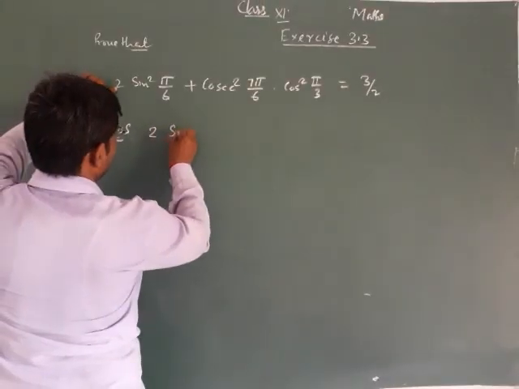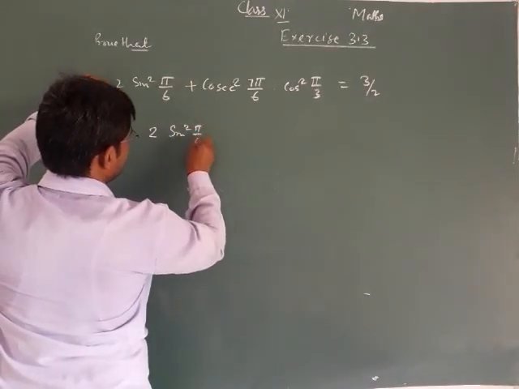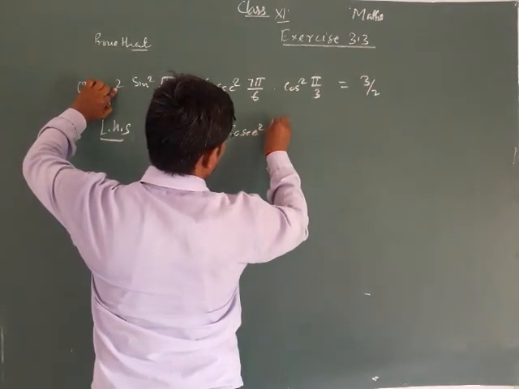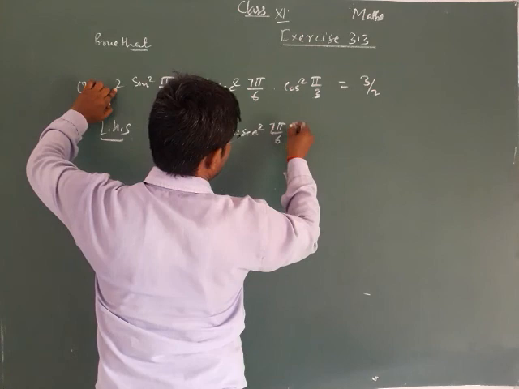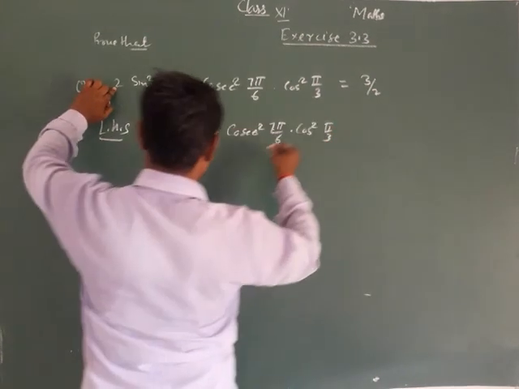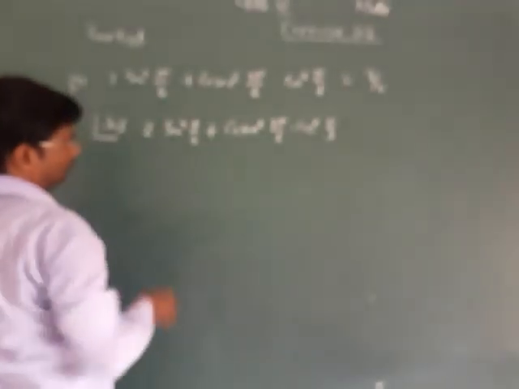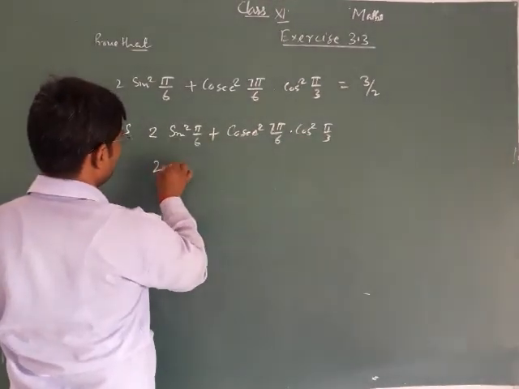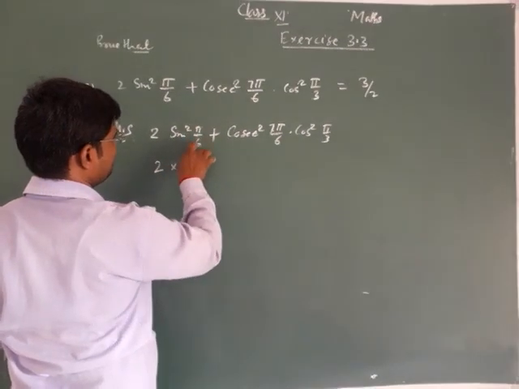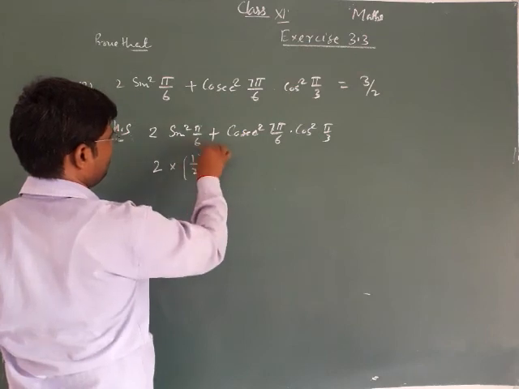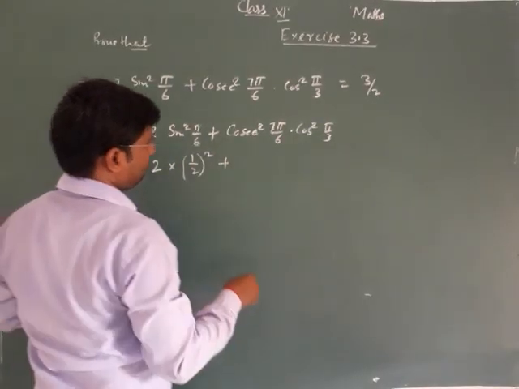Write 2 sine square pi by 6 plus cosec square 7 pi by 6 plus cos square pi by 3. Now put the value of sine pi by 6, which is sine 30 degrees, so 1 by 2, and this is squared.